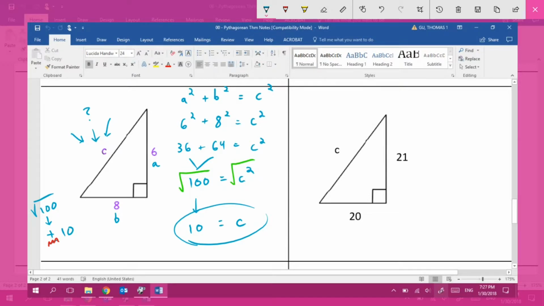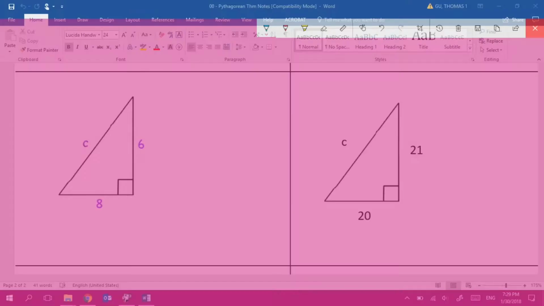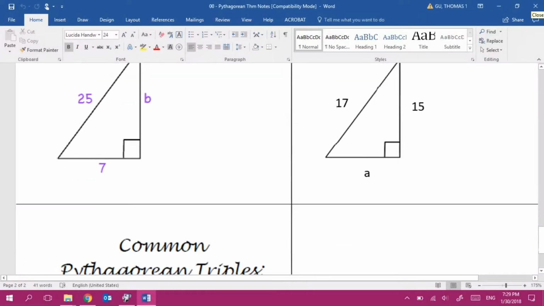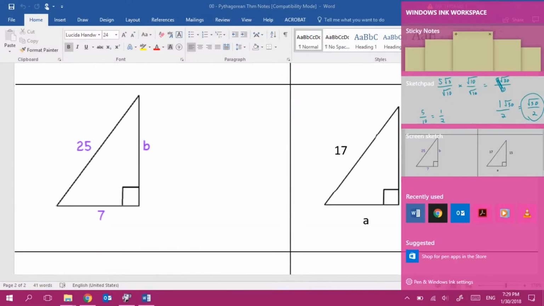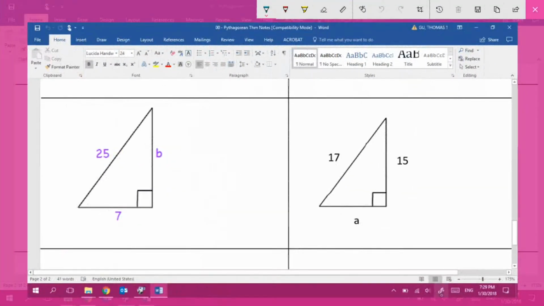Let's try another one, shall we? Let's go to the next example over here with sides 7, 25, and B. This is a different order. As you can see, they gave us the hypotenuse, C. So let's use our formula again: A squared plus B squared equals C squared.